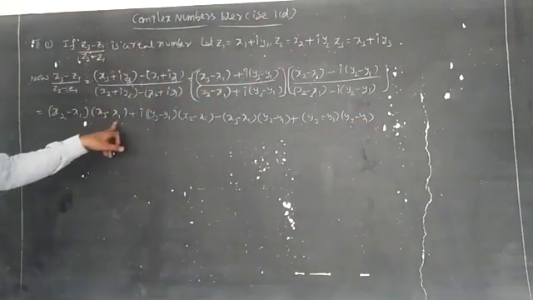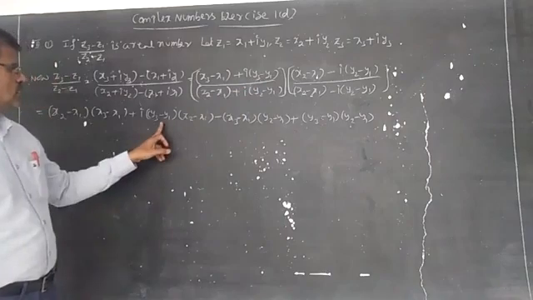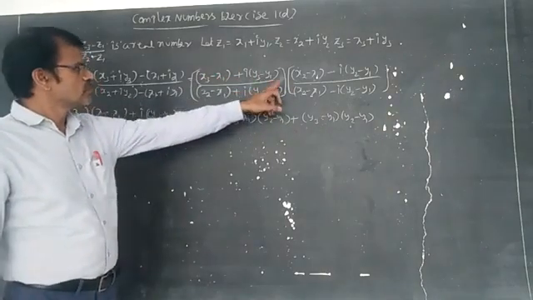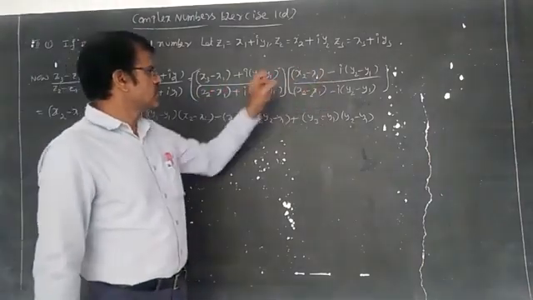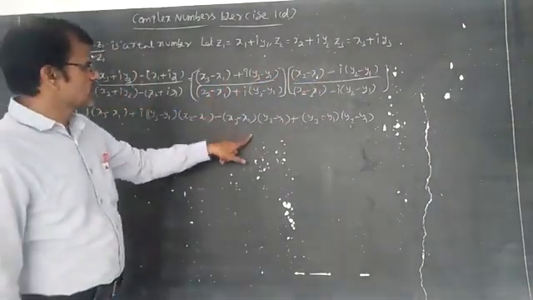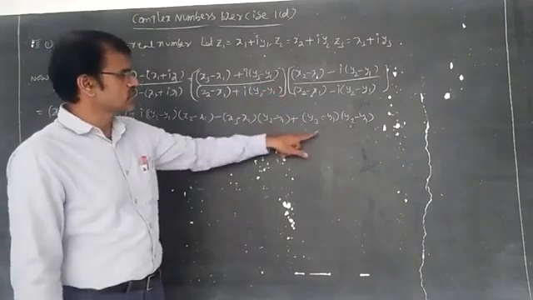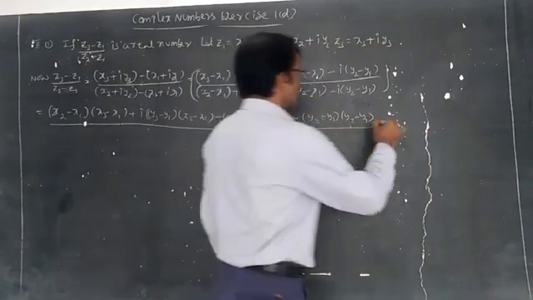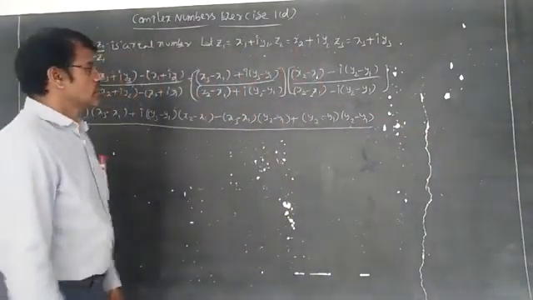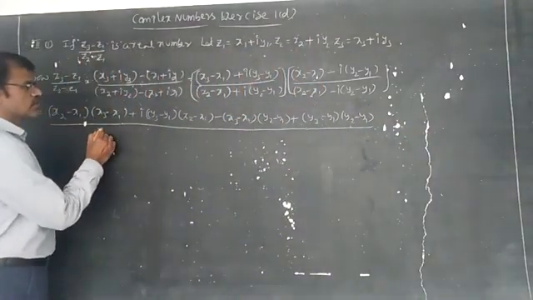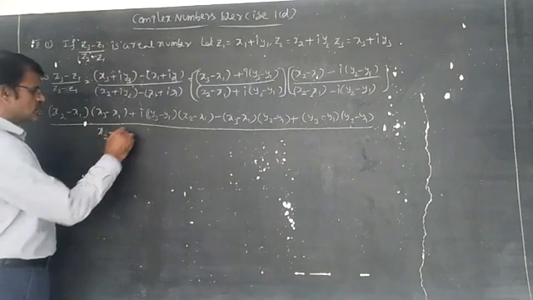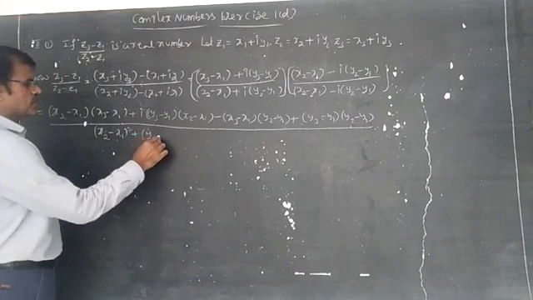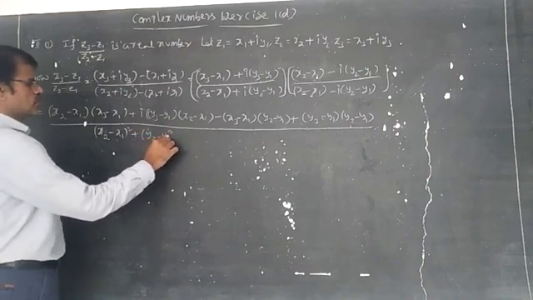This is the numerator, whole by the denominator of the form (A plus iB) into (A minus iB). So A square plus B square, this is (X2 minus X1) whole square plus (Y2 minus Y1) whole square.